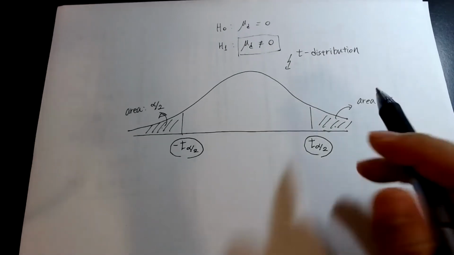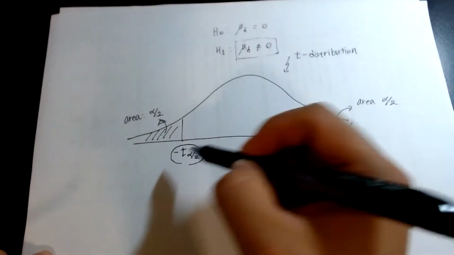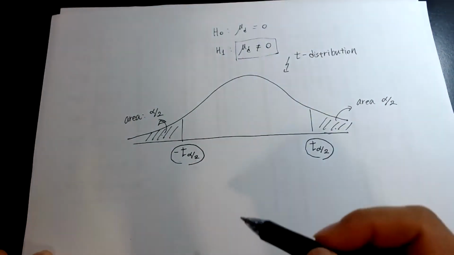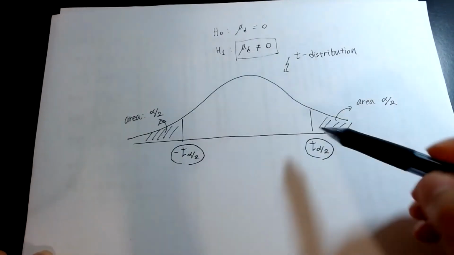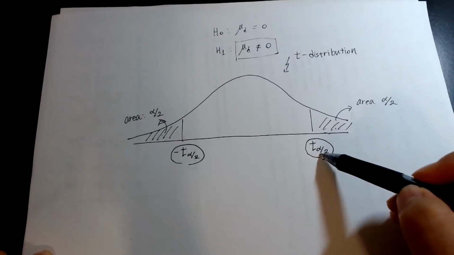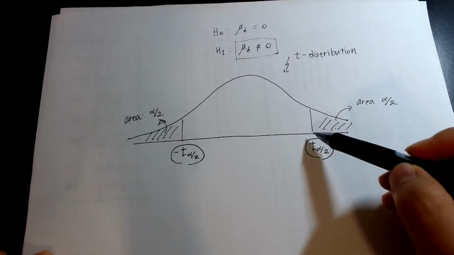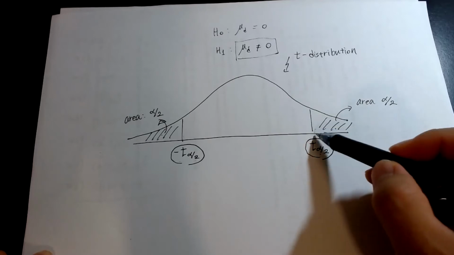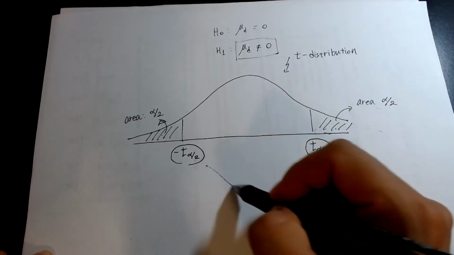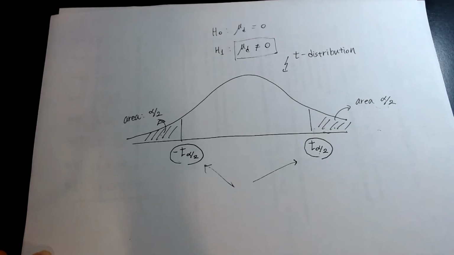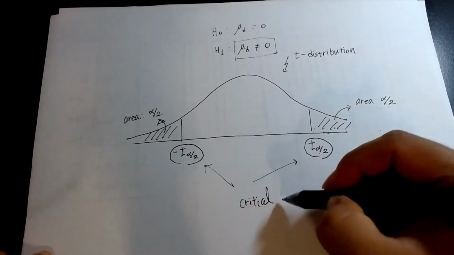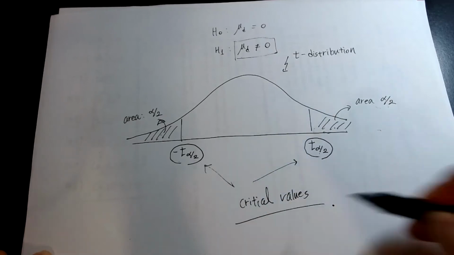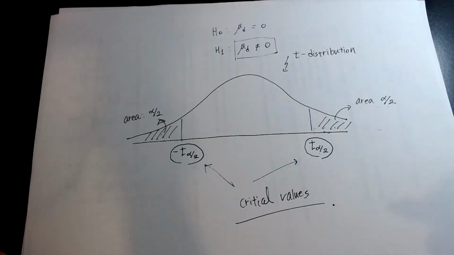Minus t sub alpha over 2 is the t value where the area from the left end to here is alpha over 2, and t sub alpha over 2 is the t value where the area from here to infinity is alpha over 2. These are called the critical values, in both tails.